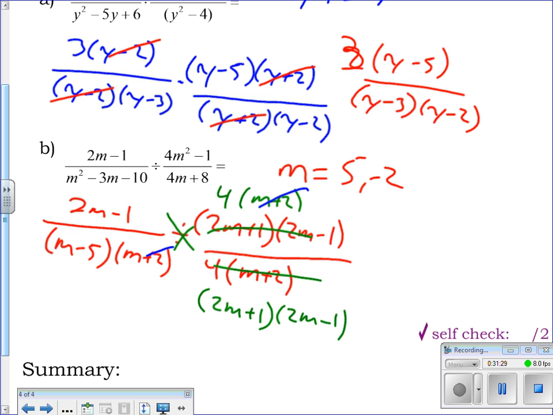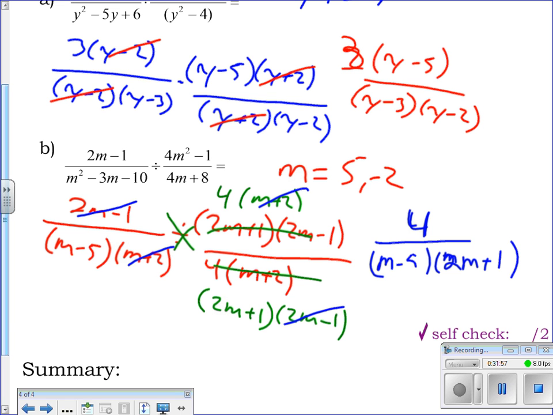M plus 2, m plus 2, 2m minus 1, 2m minus 1. Anything else? Okay. I have a 4 left in my numerator, and an m minus 5. That's a 4, and 2m plus 1. I've already got the minus 5 taken care of.